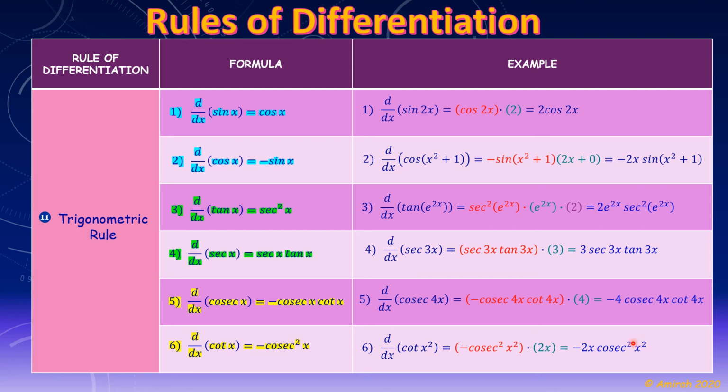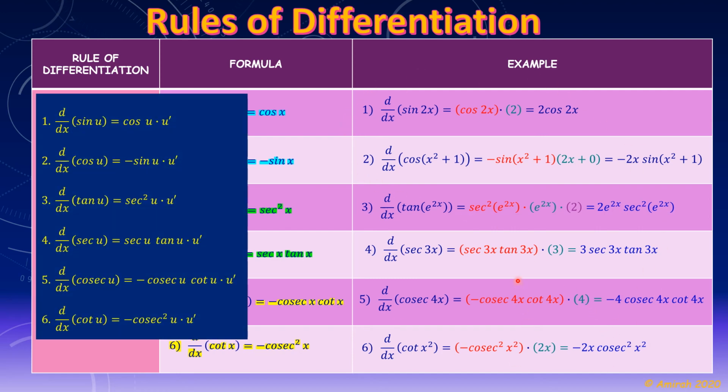So we have negative 2x cosec squared x squared. Okay. So from this example, actually we can refer to this formula. If we have the derivative of sin u, it will equal cos u, and then we must multiply by the derivative of u here.